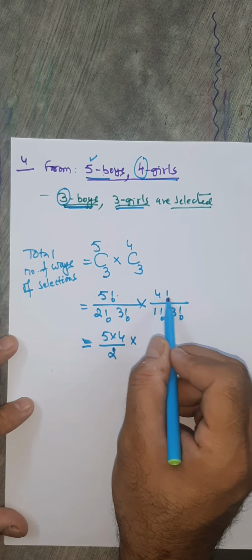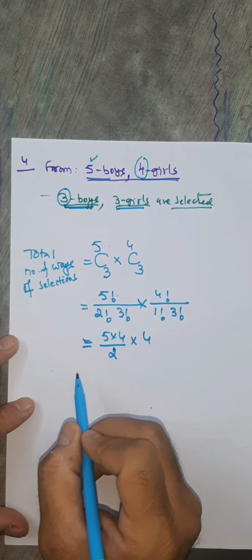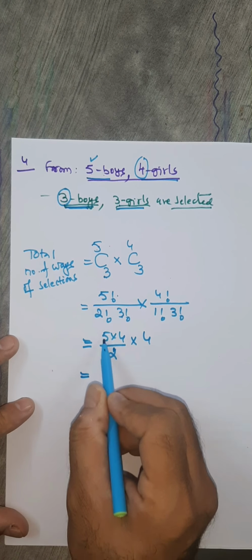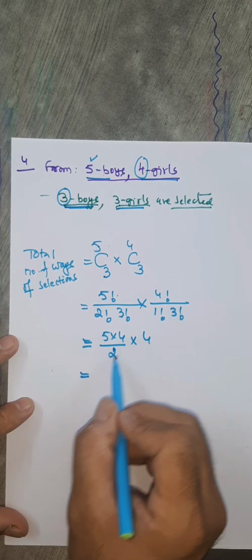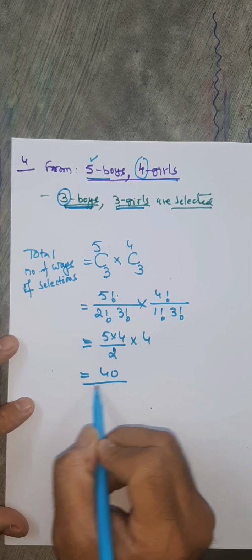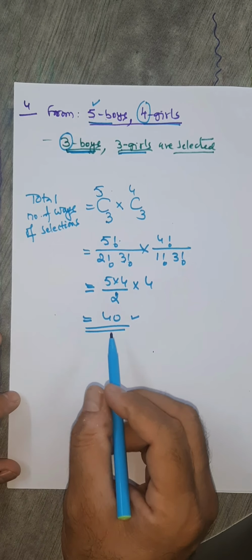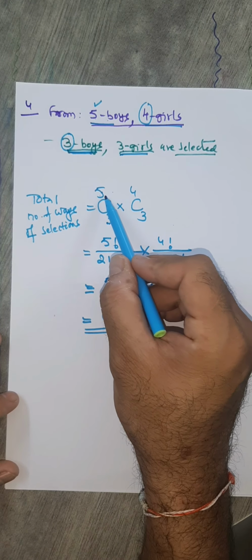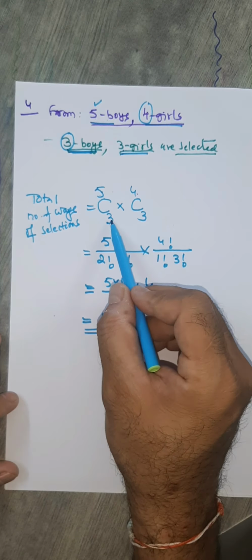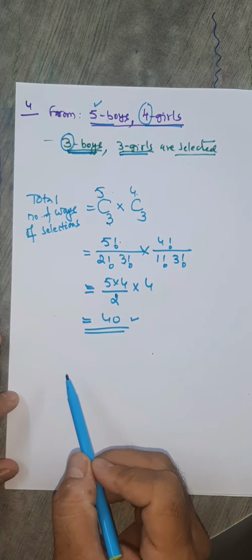This is 4 into 3 factorial, so that 3 factorial will get cancelled. So 20 by 2, 10 into 4, so we'll get the total 40. 40 selections can be made out of 5 boys and 4 girls, consisting of 3 boys and 3 girls, remember.